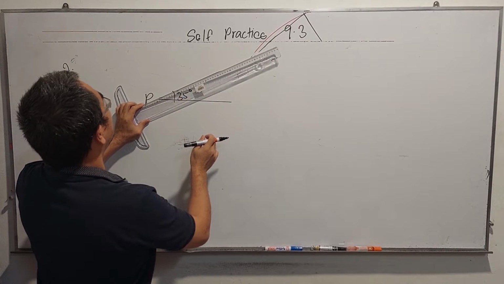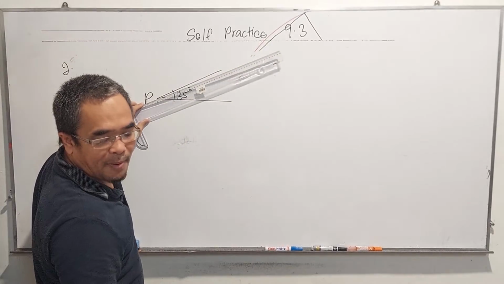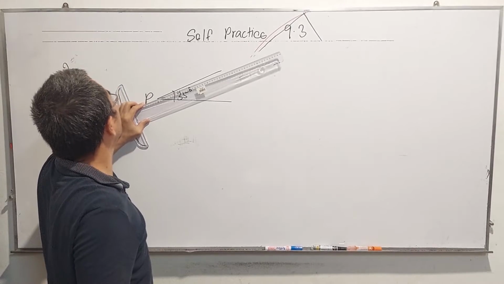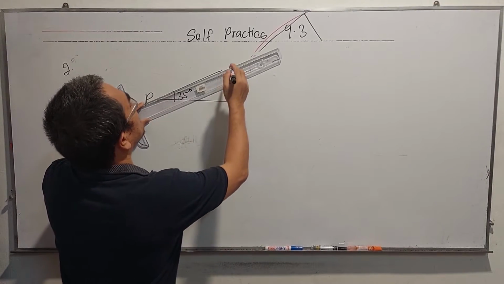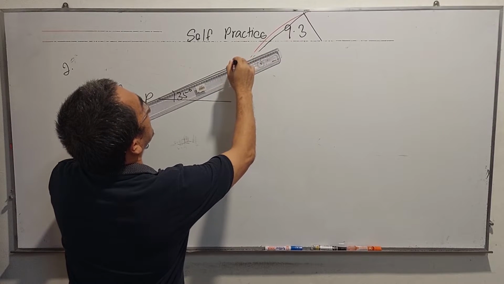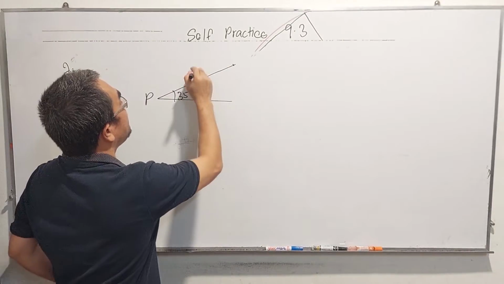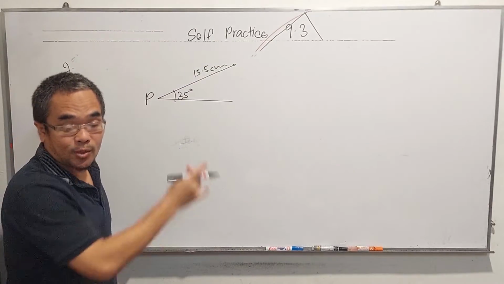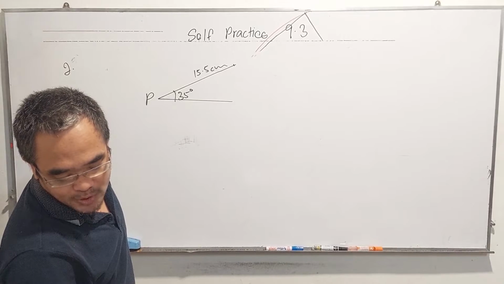15.5. Let's say I multiply by 2, I will get 31. Until that only. Okay? So this one is 15.5 centimeter. I multiply by 2 in order to make sure the drawing is big enough for you to see.